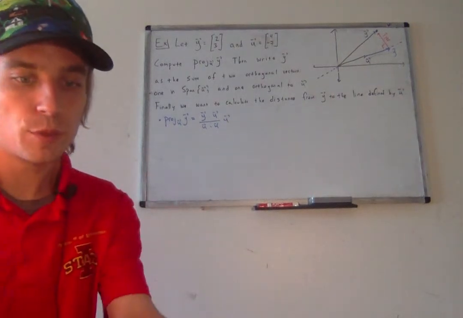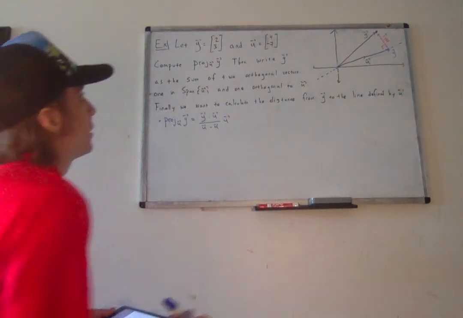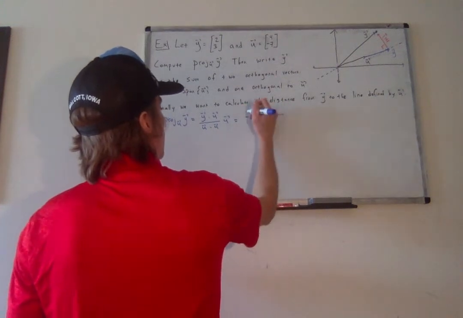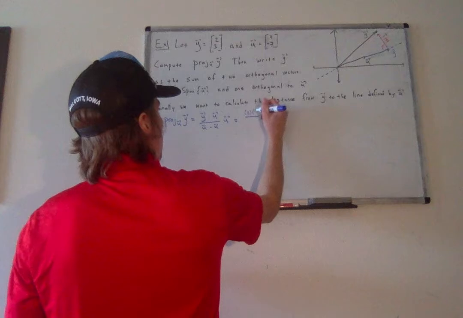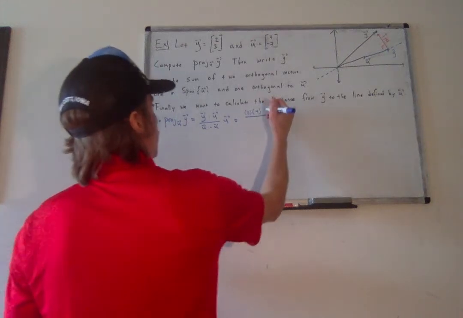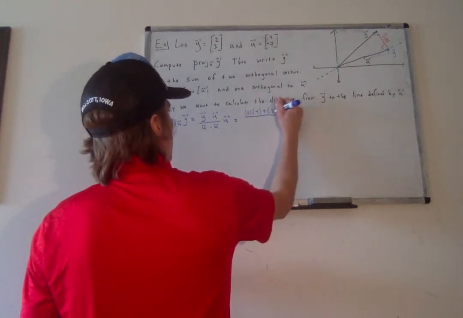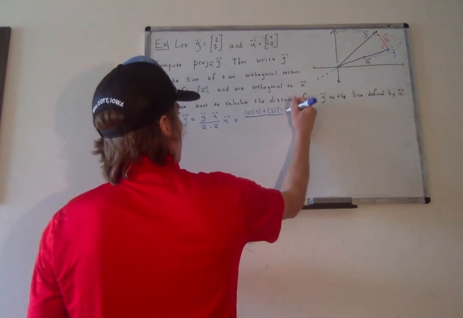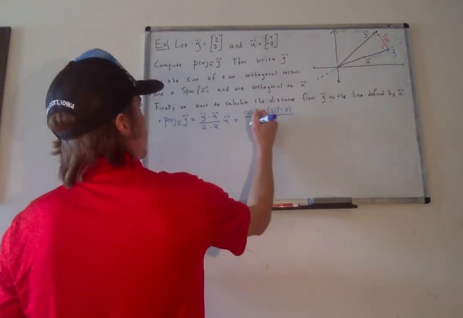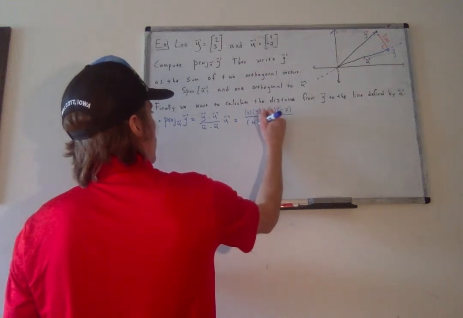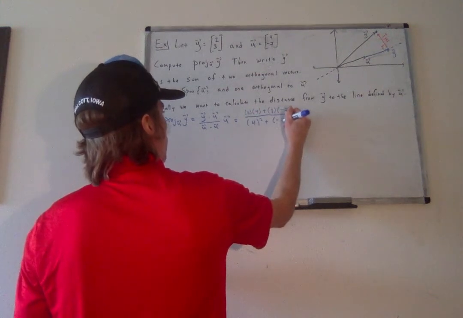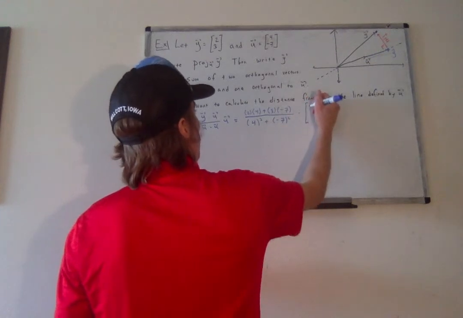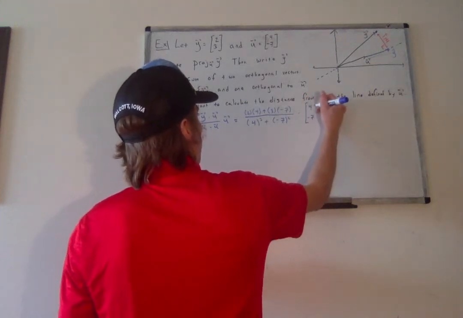And so this can sometimes be a little involved, especially when you start to get into higher dimensions. So this should be 2 times 4 plus 3 times negative 7, all over u dot u, which should be 4 squared plus negative 7 squared, times the vector u, which is 4, negative 7.